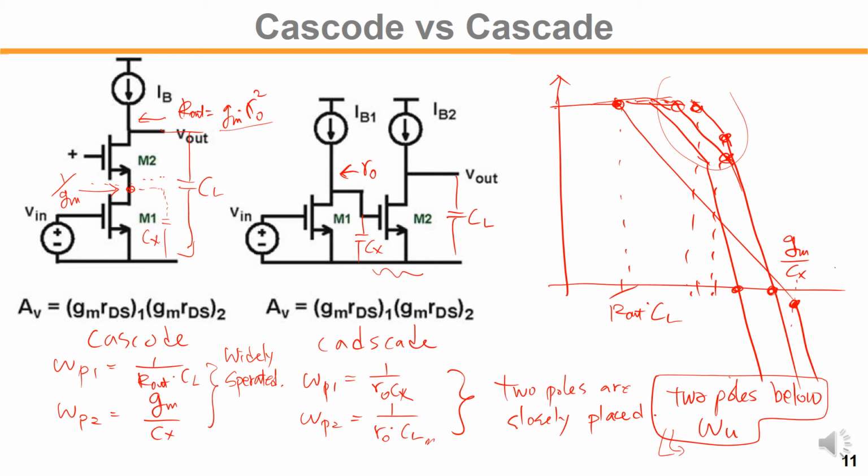So we haven't discussed the stability issue in a feedback circuit, but for now we will see the difference is that by cascading an amplifier, we are putting two poles placed closely that would impact the overall response.